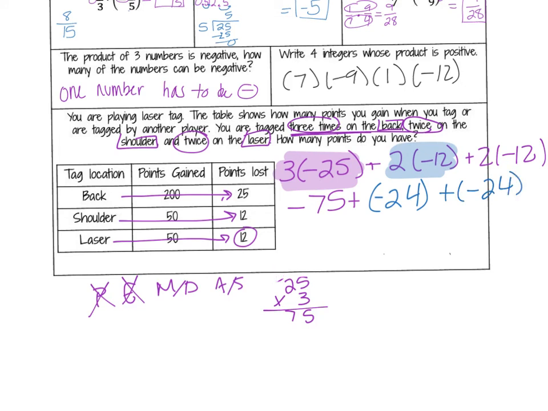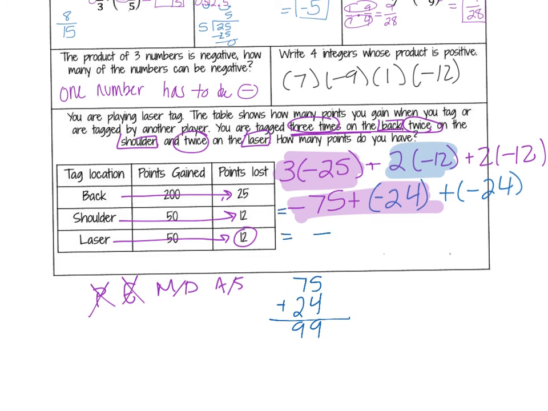Okay, now we're going to add or subtract, starting left to right. Negative 75 plus negative 24. Our addition rules say that if they're the same signs, we add and keep the sign. So 75 plus 24 is 99, and it's negative.